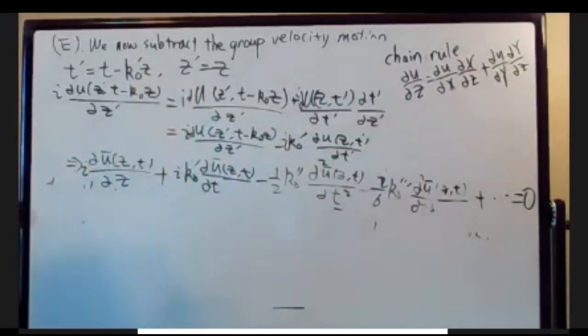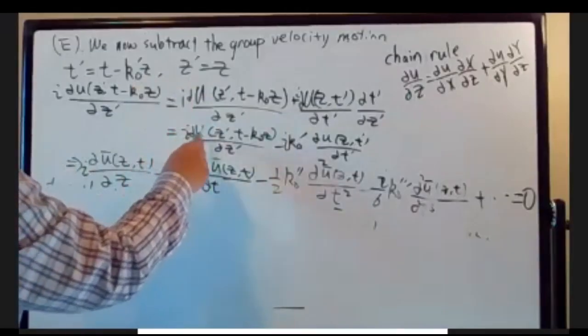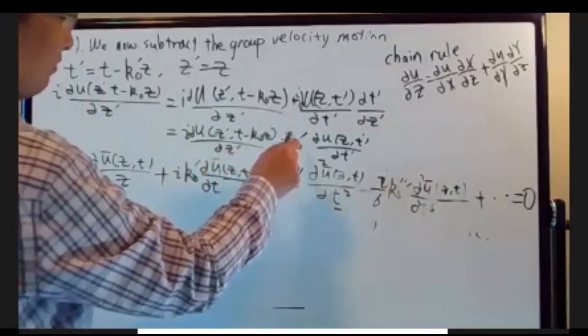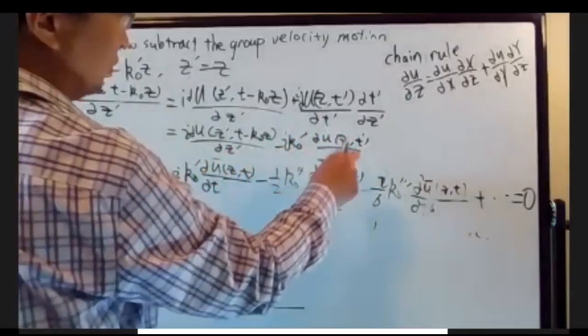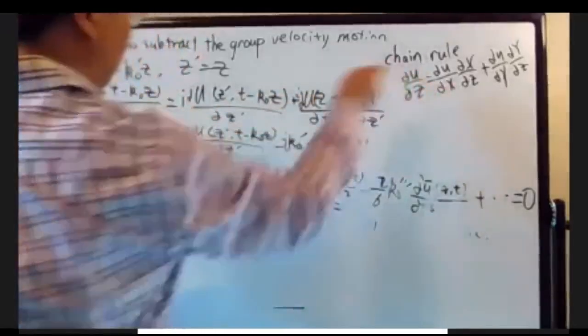I should have this also, right? So partial u and then partial z prime, and then we have k naught partial u, partial t prime. Now we use the chain rule, right?